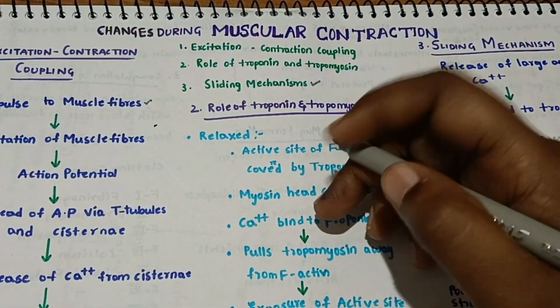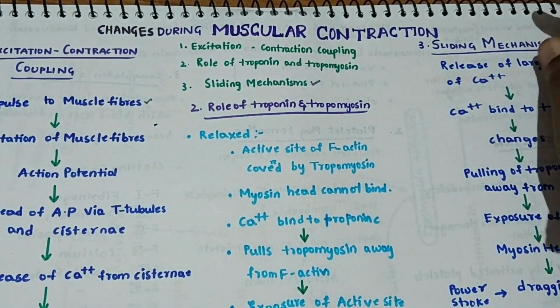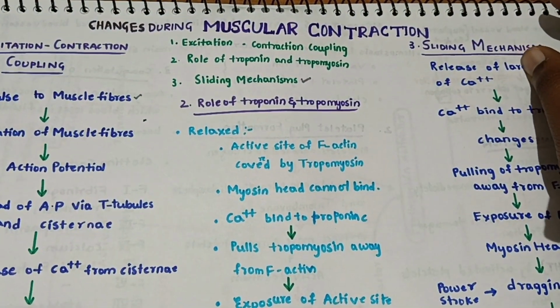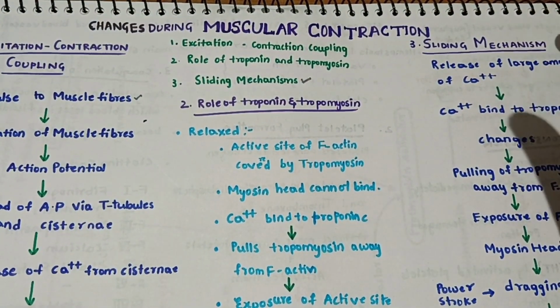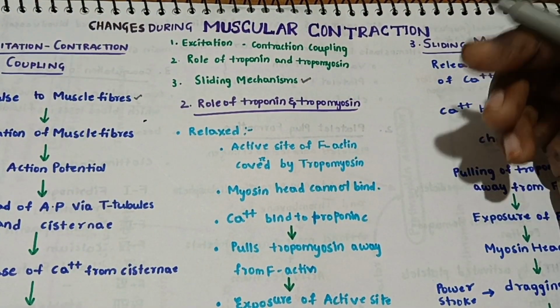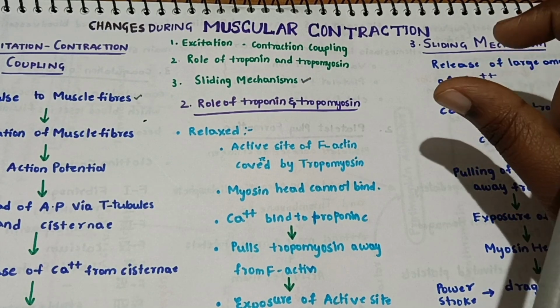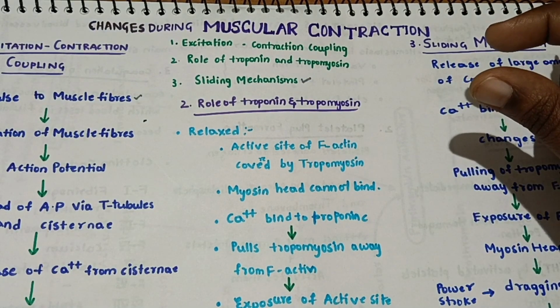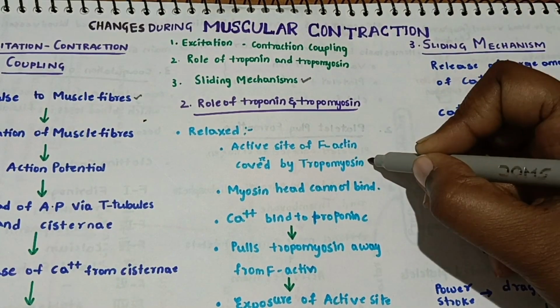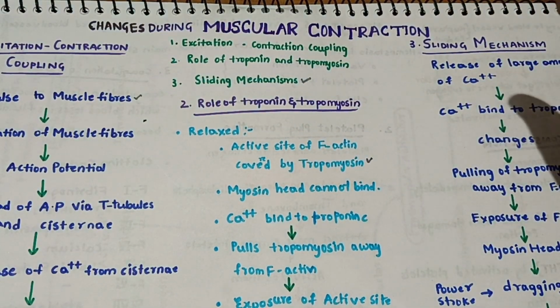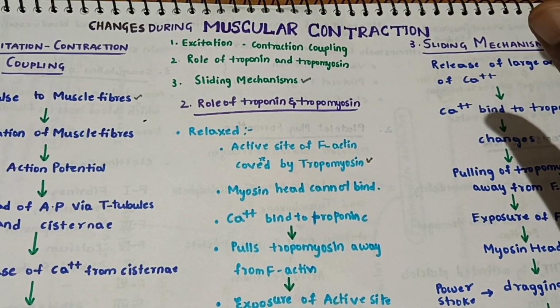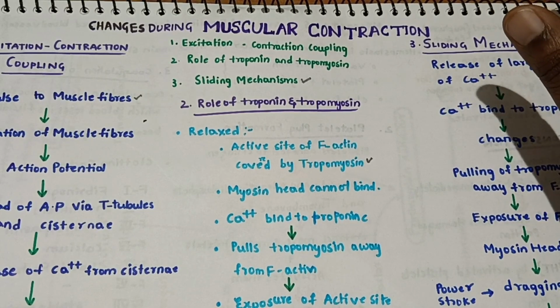Whenever the muscle fiber is in a relaxed state, what happens? Normally the F actin contains an active site, and it is covered by tropomyosin. Why?